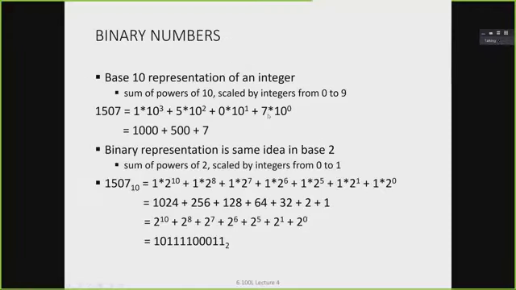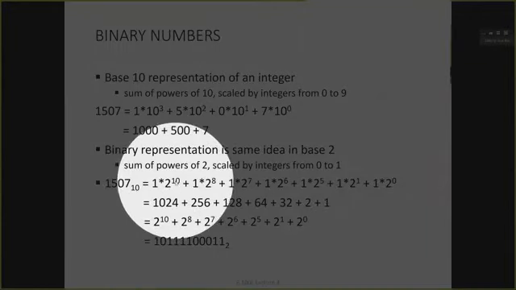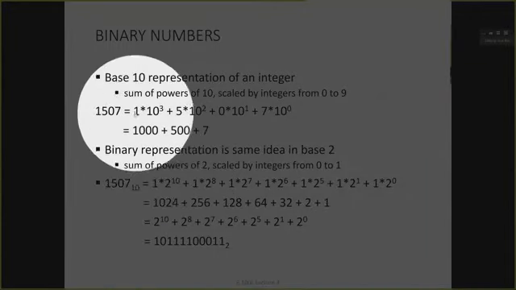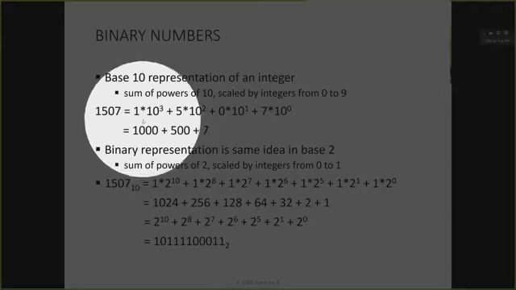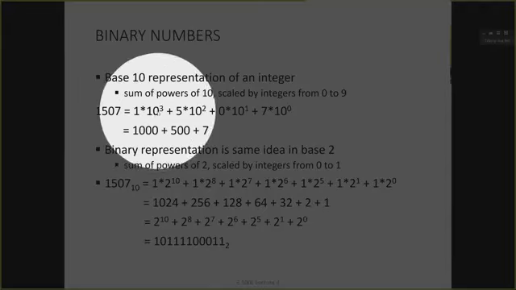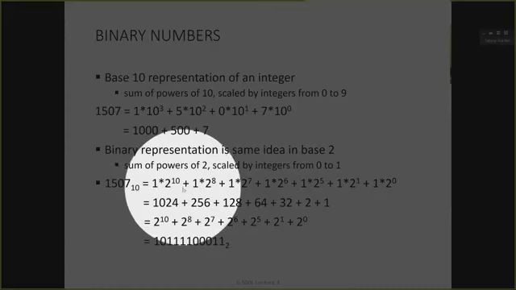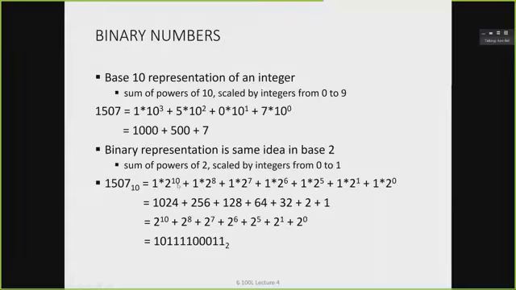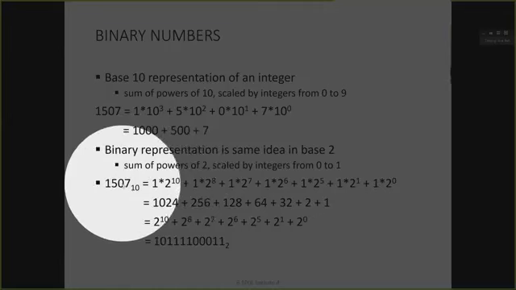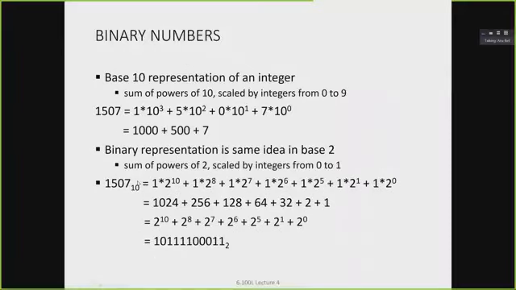In base 2, we have a similar pattern: some whole number multiplied by some power of 2. Here, we had the whole number be 0 through 9 multiplied by some power of 10. But in base 2, we're going to have either 0 or 1 multiplied by some power of 2. If we're trying to convert the number 1,507 from base 10 to base 2, humanly speaking, the way we'd think about it is: what is the biggest power of 2 that takes us close to but not over 1,507?